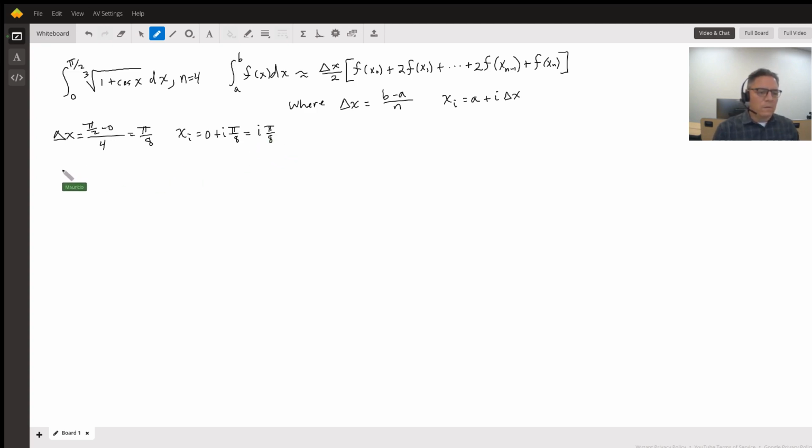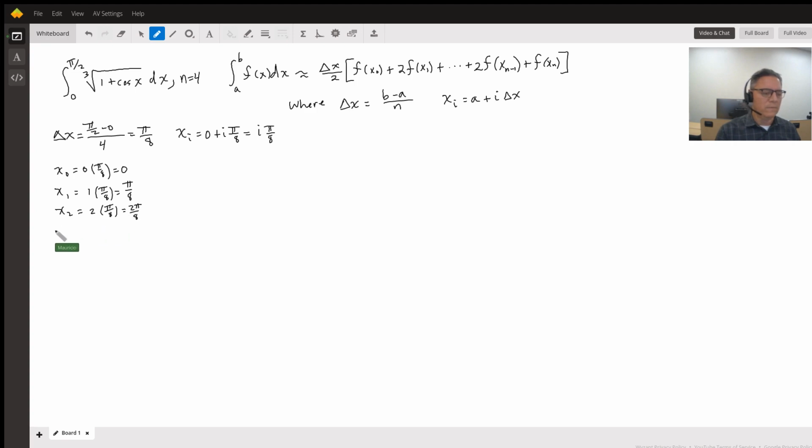Therefore, x sub 0 will just be 0 times pi over 8, which is 0. x sub 1 is 1 times pi over 8, which is pi over 8. x sub 2 is 2 times pi over 8, which is 2 pi over 8.